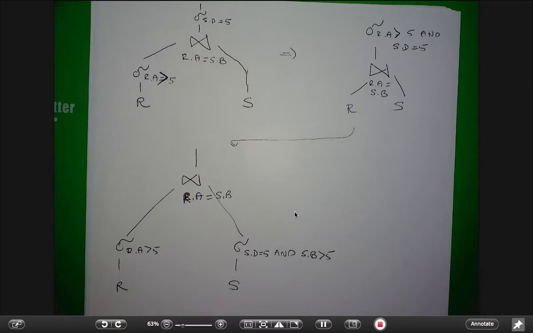So where did this one come from? Because I'm selecting R.A greater than 5. And I'm going to do the join of finding all values of S.B that's equal to an R.A, right? So if R.A is greater than 5, only tuples that satisfy my join conditions will also have S.B greater than 5. So now I was able to find actually more selections by pushing them first up and then pushing them down.